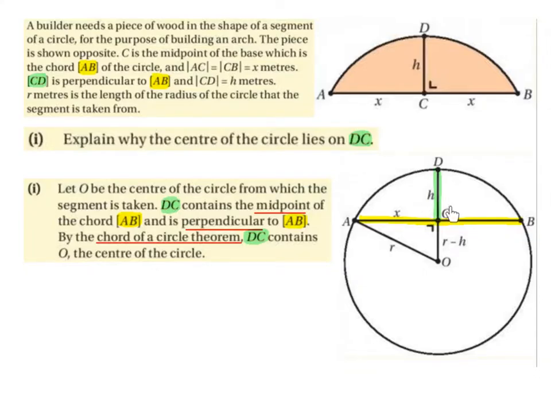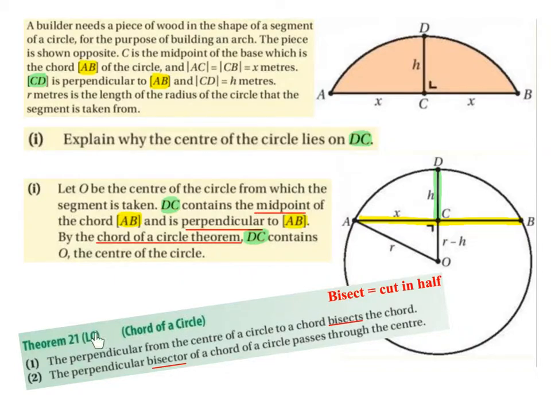So we have four right angles, all 90 degrees. By the chord of a circle theorem, DC contains O, the centre of the circle.